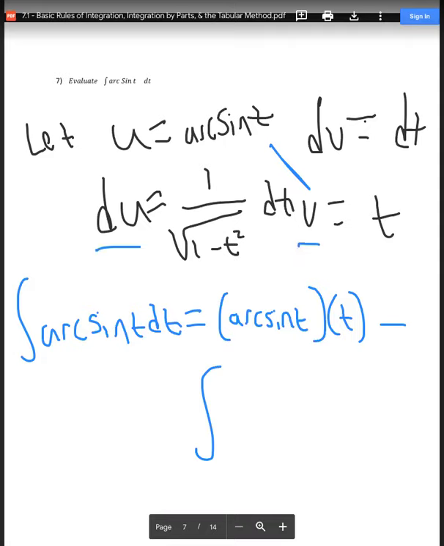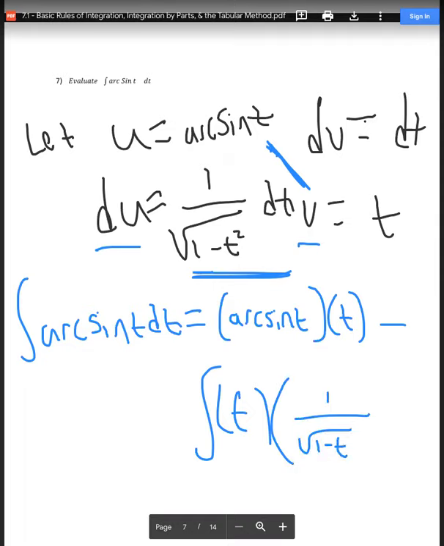So it's always this first and then this first. Maybe doing those lines will help you figure out what to do, just because you can have the formula in front of you on the AP test, of course. So it's v times du. Oh, sorry, I actually wrote v. V is t, and du is 1 over the square root of 1 minus t squared dt.